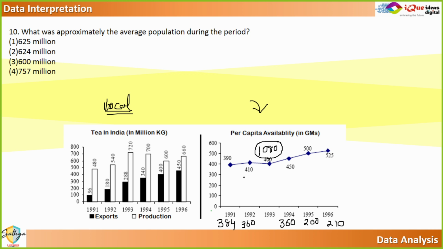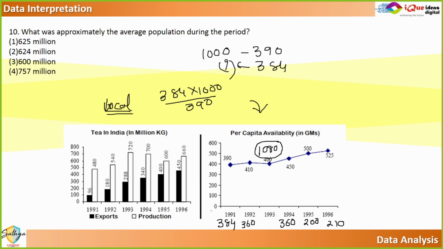Okay. So now, if out of 1000, the consumption is 390, then actual consumption of 384 is how much? So basically, the 384 multiplied by 1000 divided by 390 will give me the population.